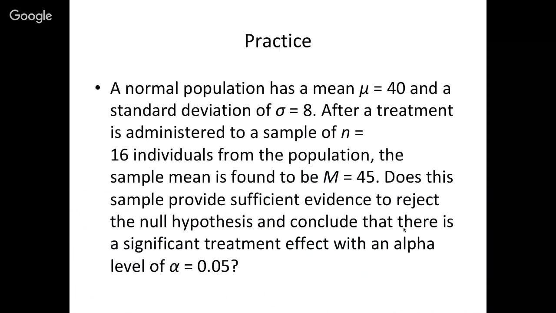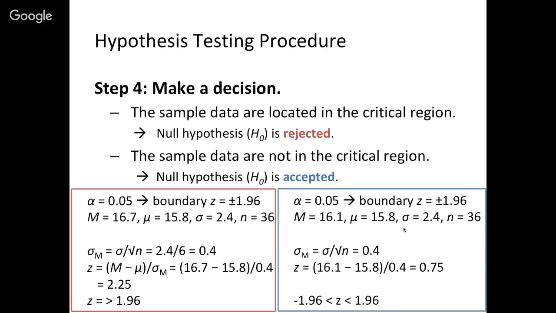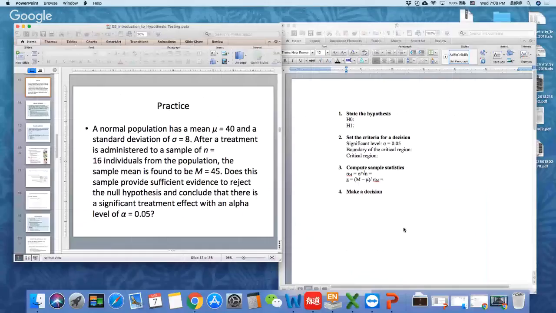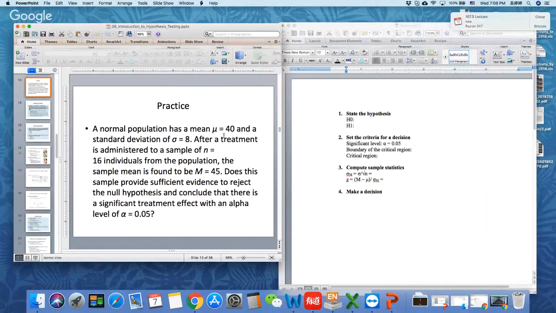And then let's do a practice, right? That's what we covered last Monday. So in this practice, the normal population has a mean of mu equals 40 and a standard deviation of sigma equals 8.